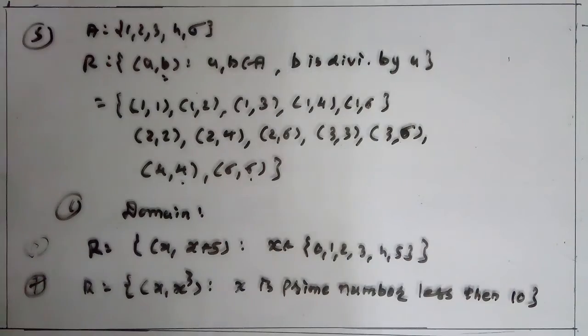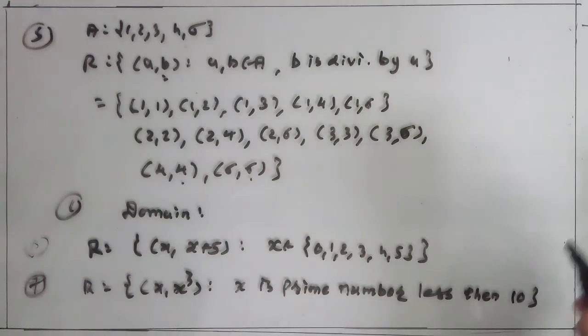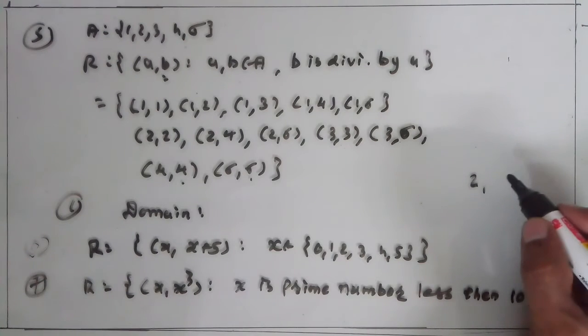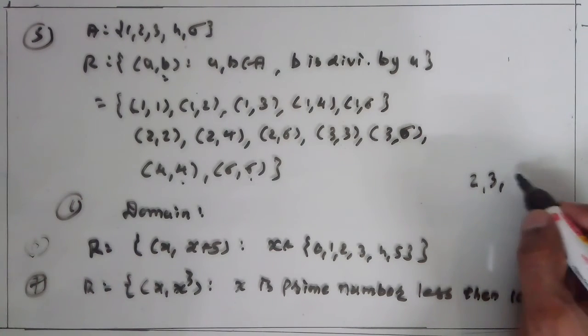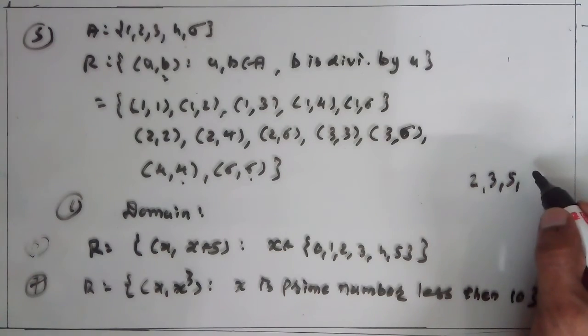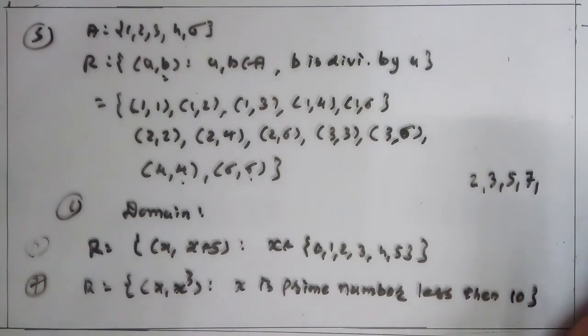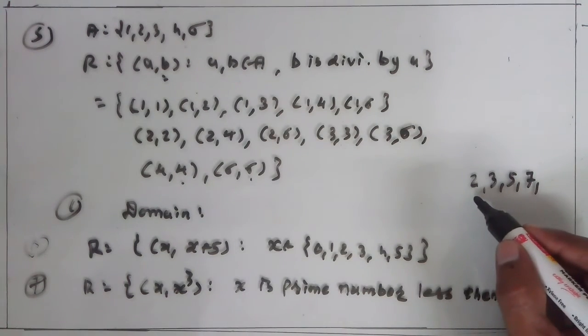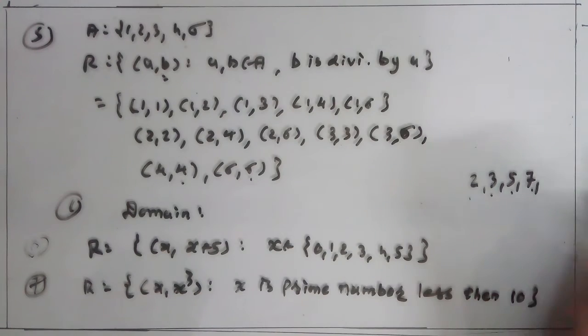Think about prime numbers less than 10. 1 is odd but not prime. 2 is even prime. 3 is prime, 4 is not a prime. 5 is prime, 6 is not prime. 7 is a prime, 8 is not a prime, 9 is not a prime. So prime numbers less than 10: 2, 3, 5, 7.